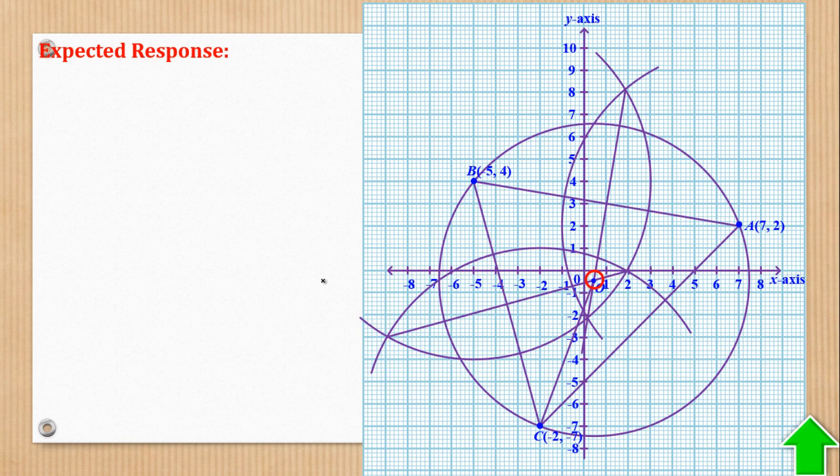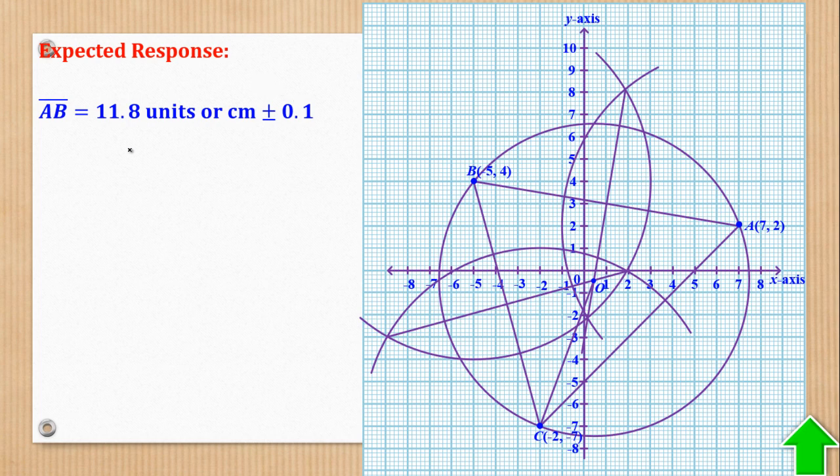The next was to measure the length of each side and also the area of the circle. So length AB is 11.8 units. You can either say units or use centimeters. This is to cater for errors.